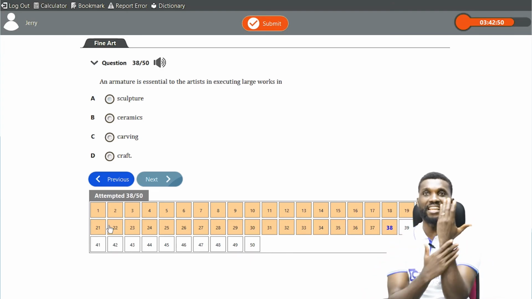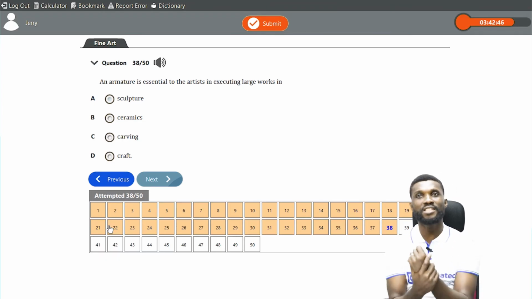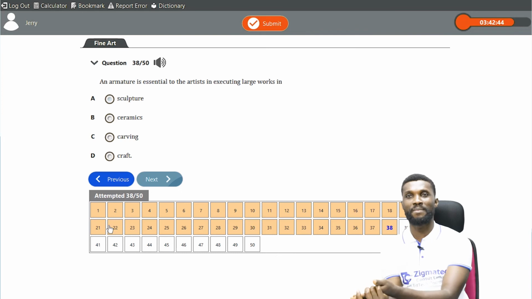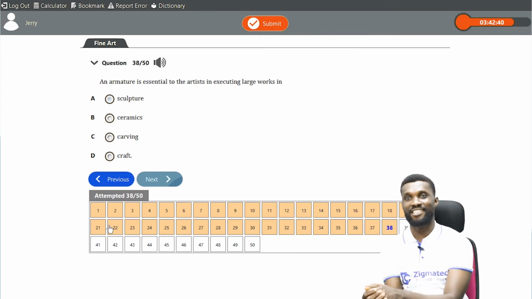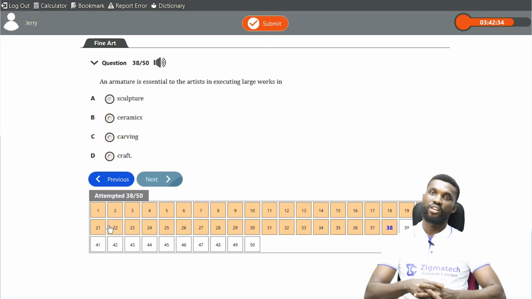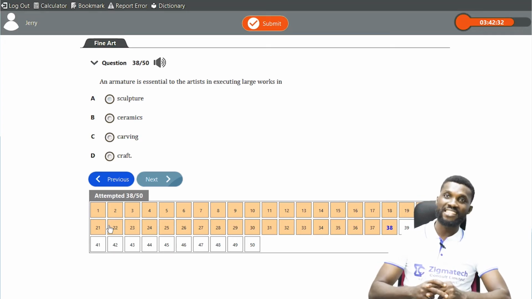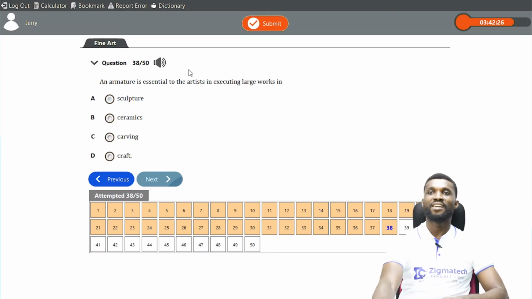So in that clay, he created an armature, which is your bones, your skeleton. The same thing applies to man as an artist. If you're making an artwork, you need a skeleton to support the artwork, which is known as what? The armature. So the armature are skeletons of a sculpture. So that is that about that. All right. So now let's look over to the next question, number 39.